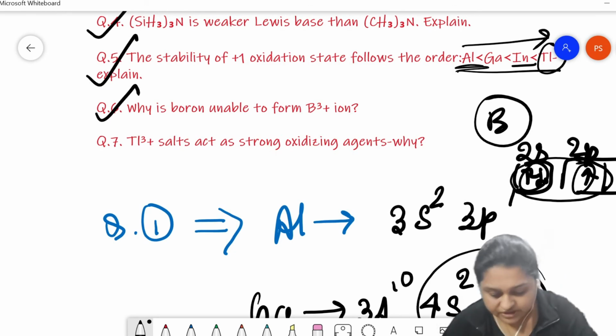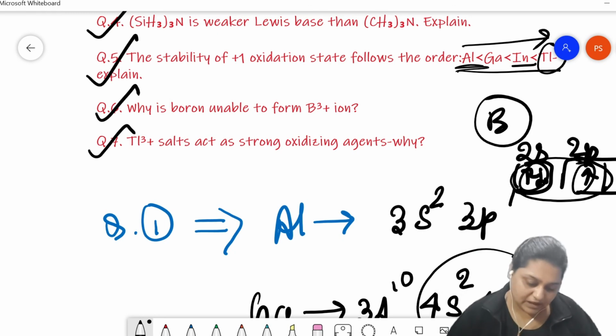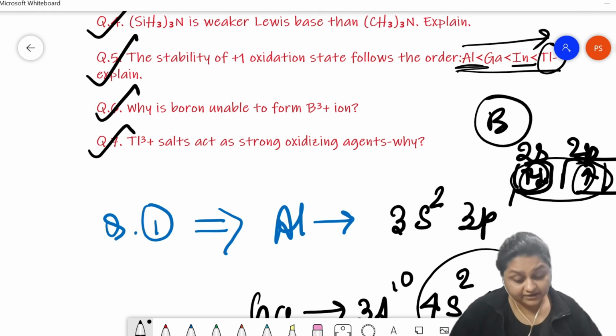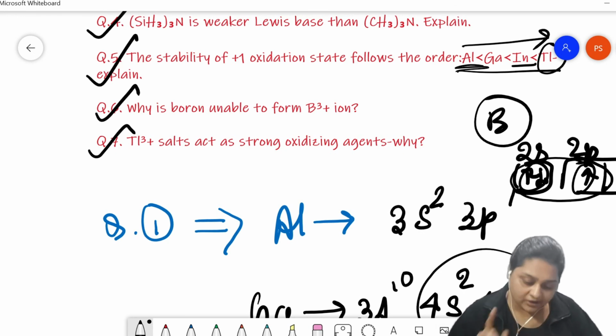The last question is: thallium +3 salt acts as a strong oxidizing agent. Now, thallium is a group 13 element residing in the 6th period, the last element in the group. As I was saying, the last element comprises 14 f electrons along with 10 d electrons and also faces lanthanide contraction.